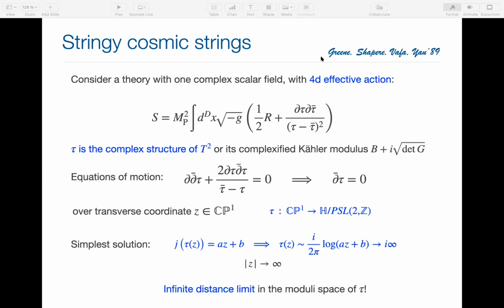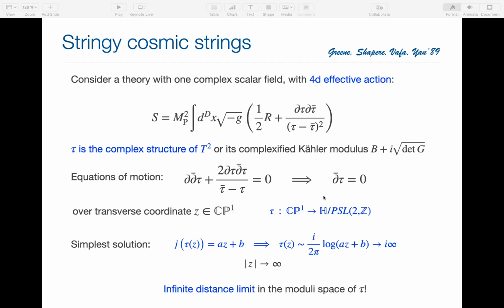So I am going to consider the setup of Green et al. This is basically a complex scalar field with a four-dimensional effective action coupled to gravity, with the moduli space metric of the axio-dilaton, or complexified Kähler modulus, that comes from a torus. So very, very simple. You get this sort of equation of motion, which is what the authors did, and then we realize that the profile for this axio-dilaton, or complexified field, is a holomorphic one.